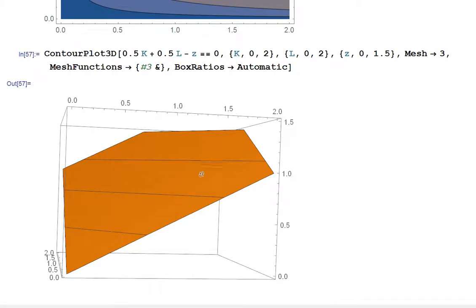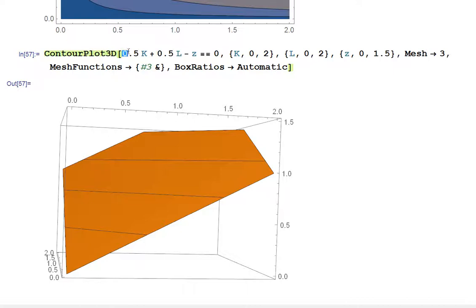Okay, so making one more step towards optimization, I want to show you the picture for budget constraints. Now let's look at this expression, 0.5K plus 0.5L. This is a linear function, and it could be interpreted like this: 1 unit of K costs $0.5 and 1 unit of L costs $0.5.